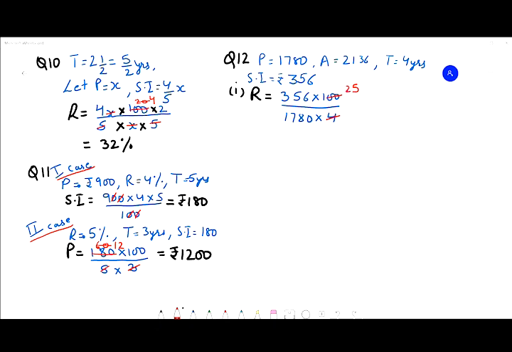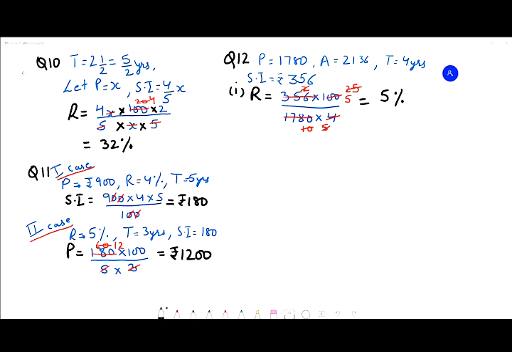Now 178 double is 356. 2 cut with this 10, 5, 5, 5. So the rate of interest will be 5%. This is the first answer.